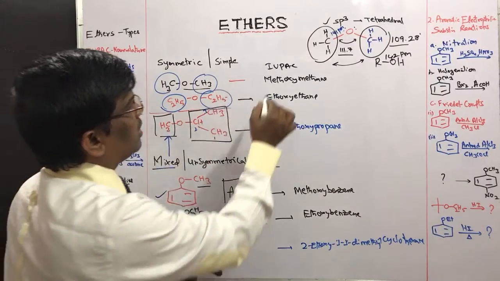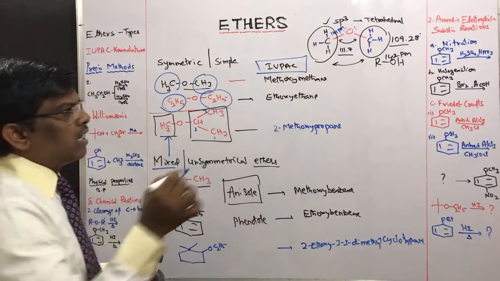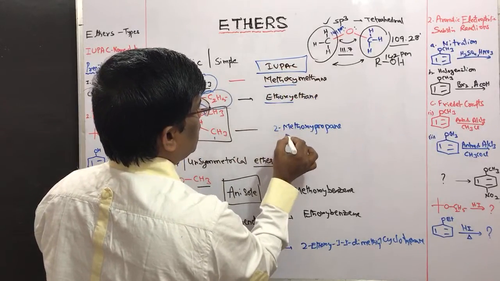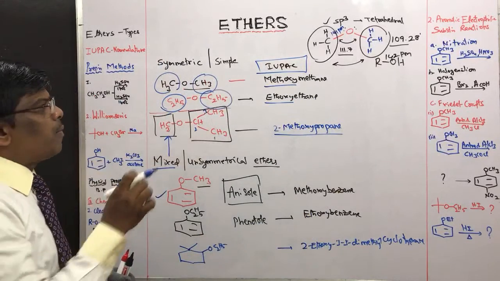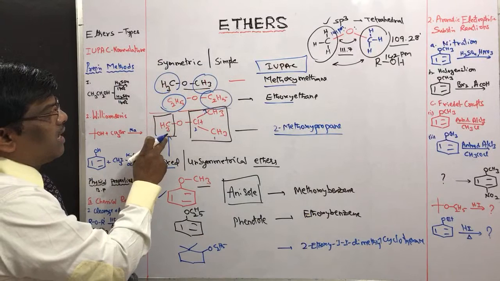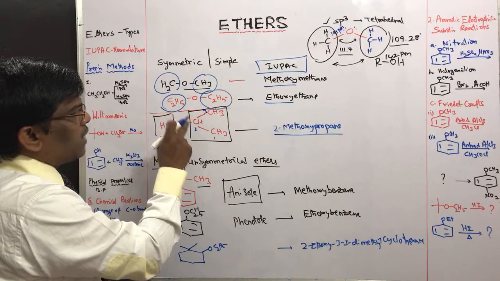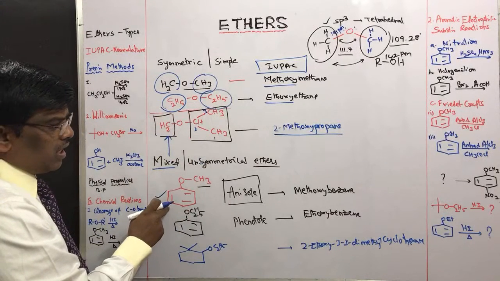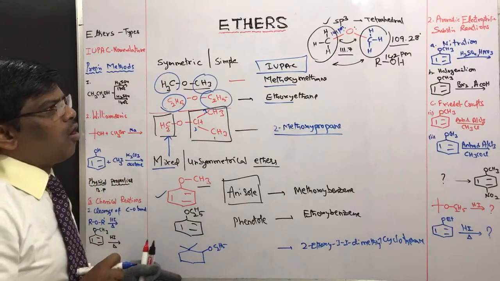The IUPAC names are methoxymethane, ethoxymethane, 2-methoxypropane, whereas the common names are dimethyl ether, diethyl ether, methyl isopropyl ether, and methoxybenzene or anisole or methyl phenyl ether.